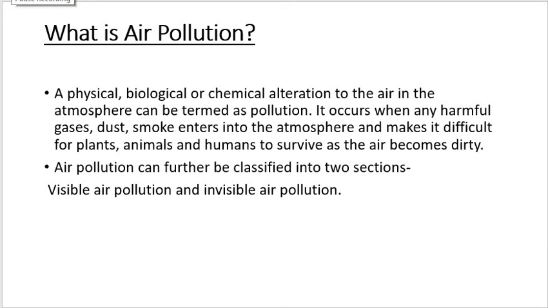Now, air pollution can further be classified into two sections: visible air pollution and invisible air pollution. Visible air pollution, as its name implies, can be seen easily. The smoke you can see over a city is a related example of visible pollution.